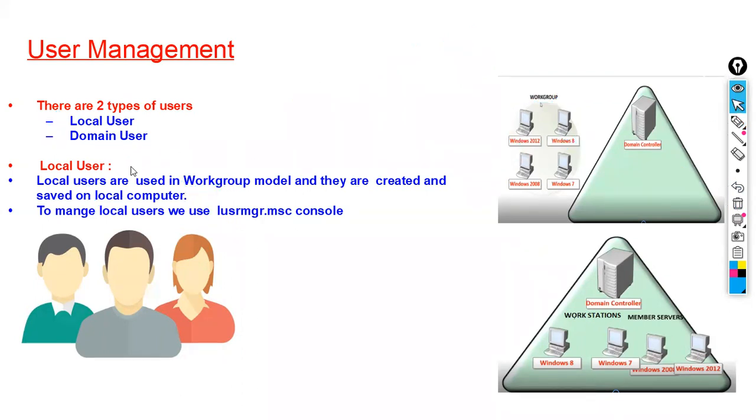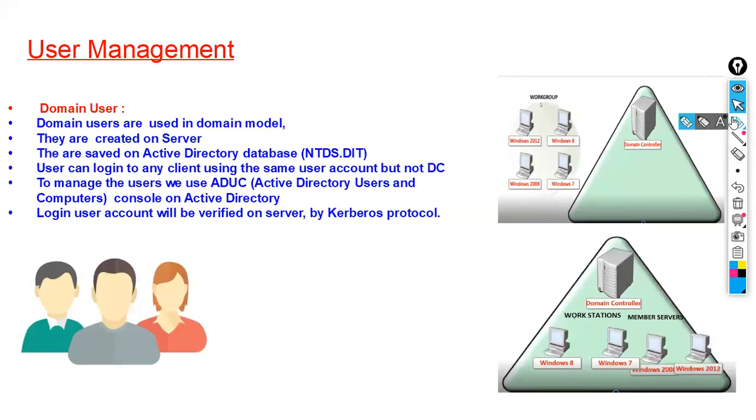Then guys, we have domain user. Let us try to understand what is this domain users. So domain users are used in domain model, which means client server model. This is our domain model and we have server and clients here, and they are created on server. So let us say you have 4 users: user 1, user 2, user 3, and user 4.